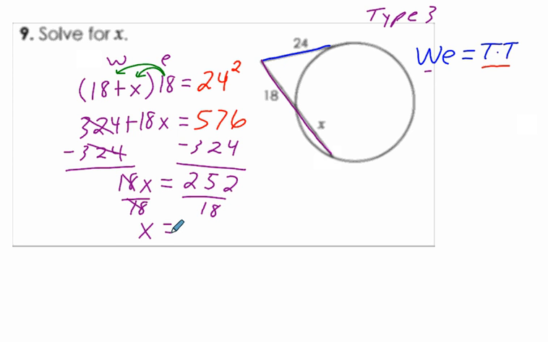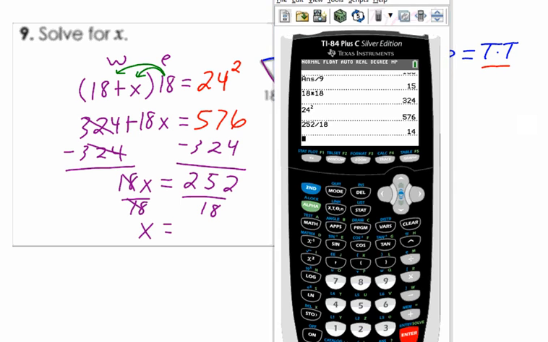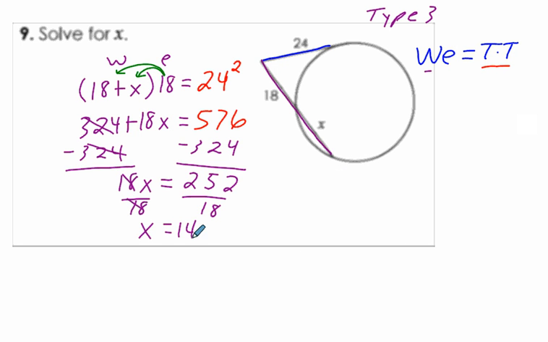And get x is equal to 252 divided by 18. And we get x is equal to 14. We go back and check our question. Solve for x. That's what we've done. So at this point, we're done with that. So this segment inside the circle is 14.